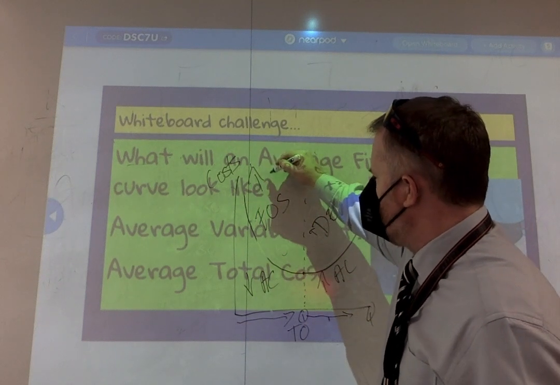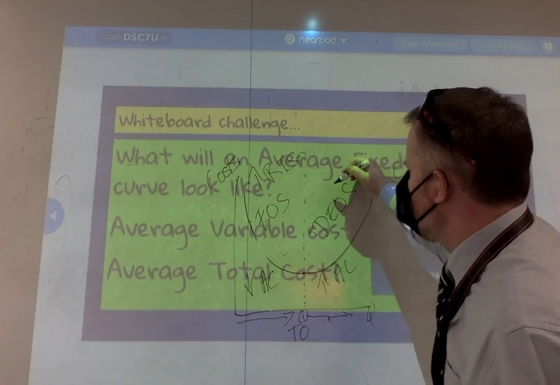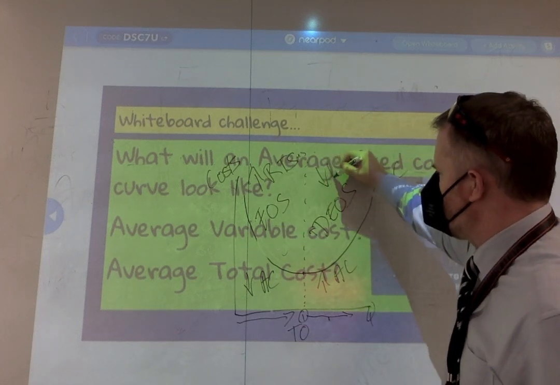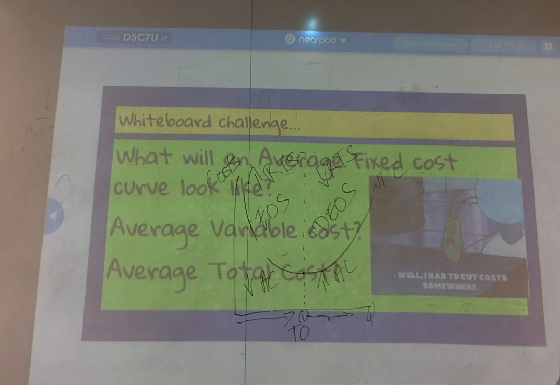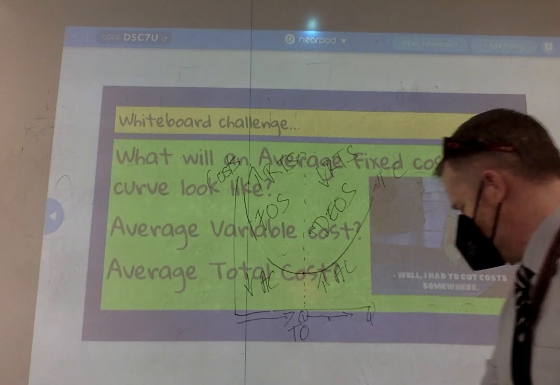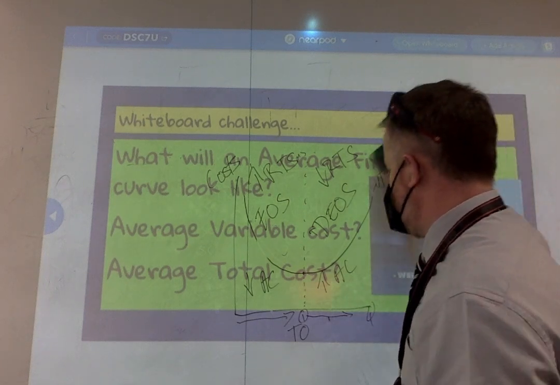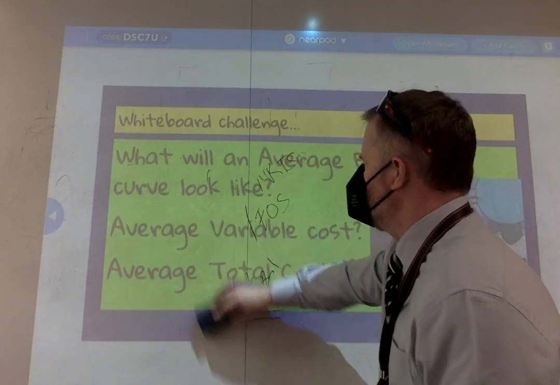Here I've got increasing returns to scale. Here I've got decreasing returns to scale. And that way I would remember it, and I'd have different colours and all those sorts of things. It's very visual, so it's remembered quite quickly.